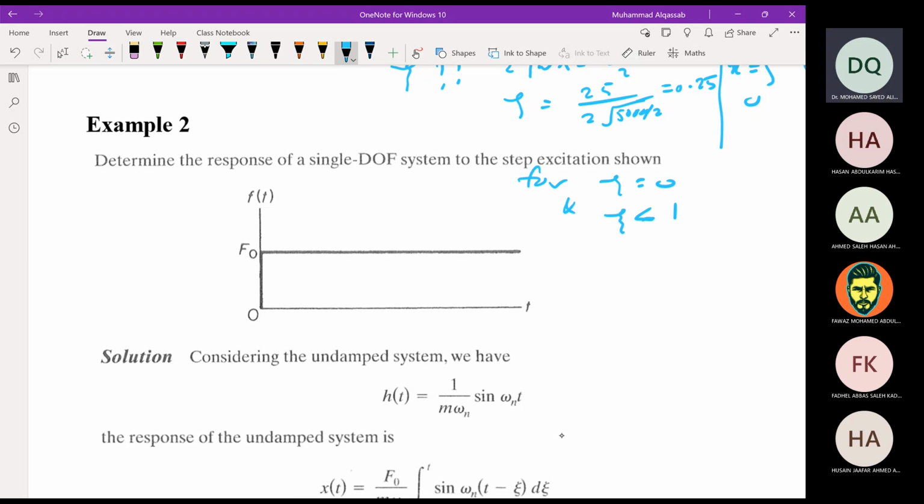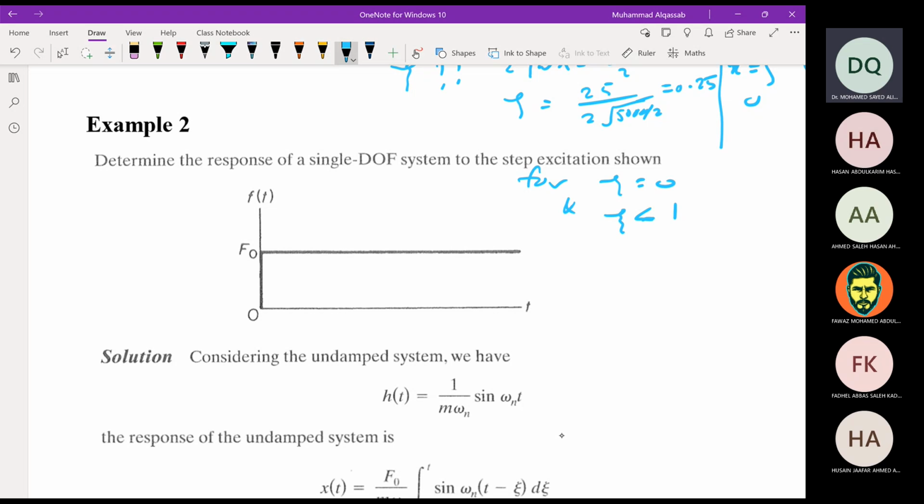And then you can take the constant, or any term that is not a function of eta, outside the integration. You are integrating over eta, not over t. So F naught over m omega n outside the integration of sine of omega n t minus eta d eta from 0 to t.